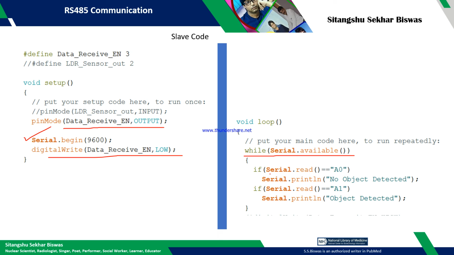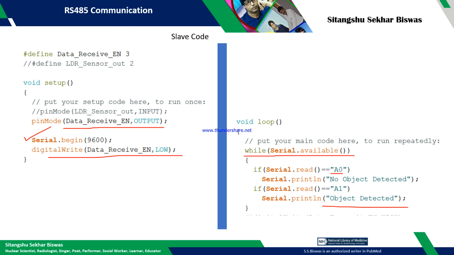And as I told, if Serial.read finds that the data received is A0, then we are going to print Serial.println no object detected. And if the serial port receives A1, that means some object is detected.